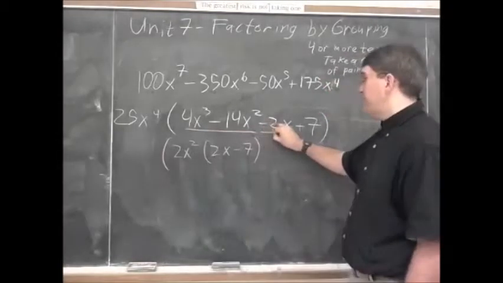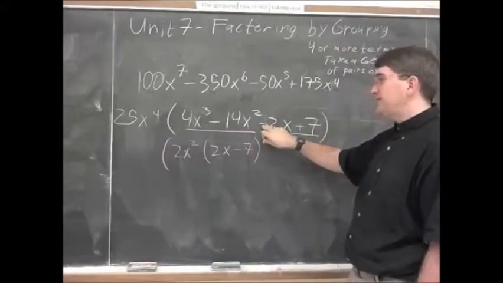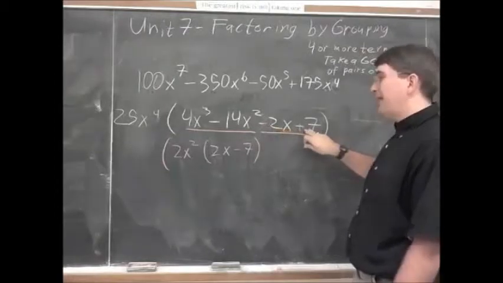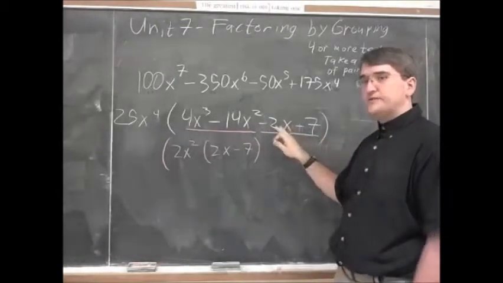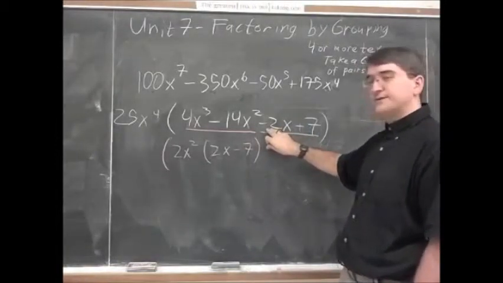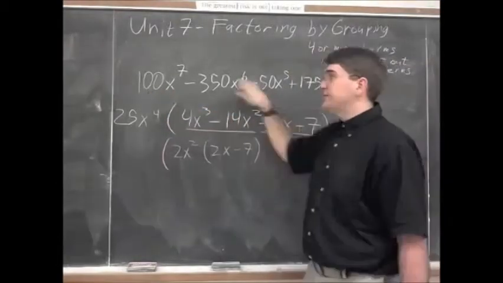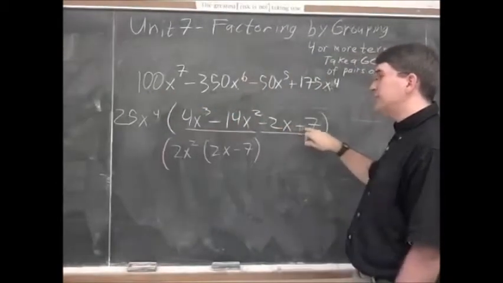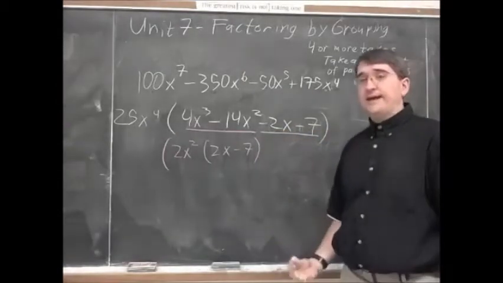In this case, we can do a little bit better by observing that this negative 2x here and positive 7, they don't have the same sign, but in general, we want to avoid having the first term negative. If the leading term here in the original polynomial, or the leading term in any grouping, is negative, always take out that negative.